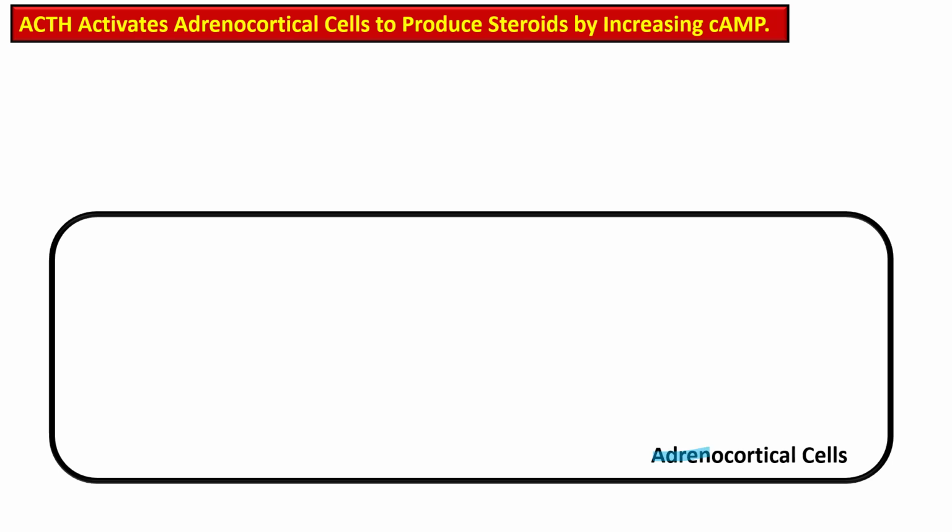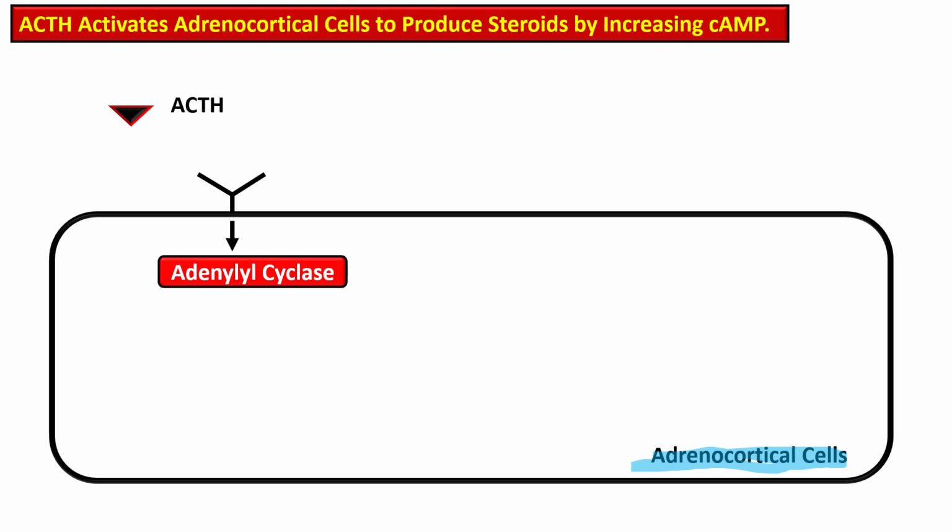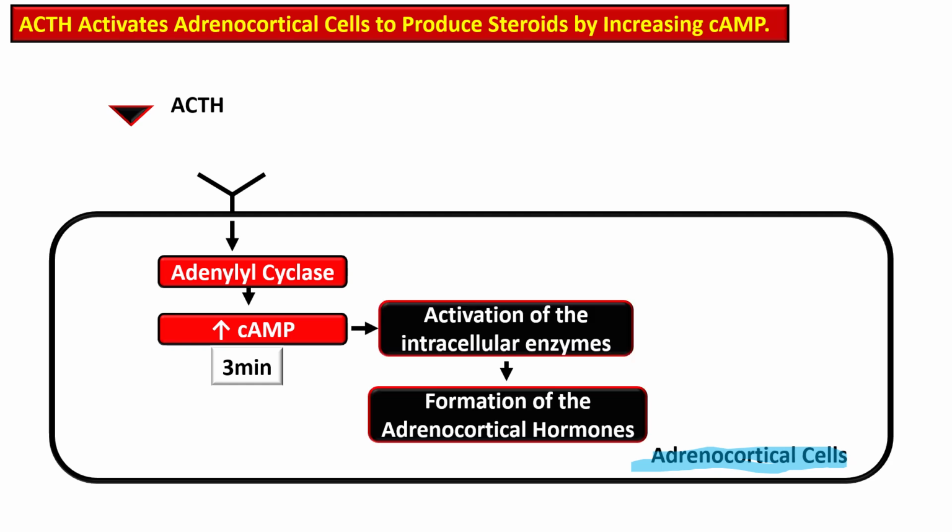In the adrenocortical cells, ACTH binds to a specific receptor on the adrenocortical cell membrane. This activates adenylyl cyclase, which increases the formation of cyclic AMP inside the cell. Cyclic AMP reaches its peak level in about 3 minutes after stimulation by ACTH.